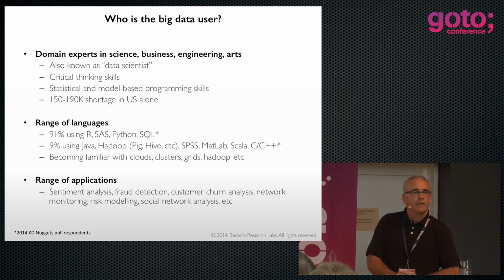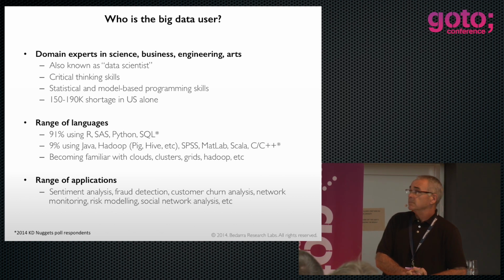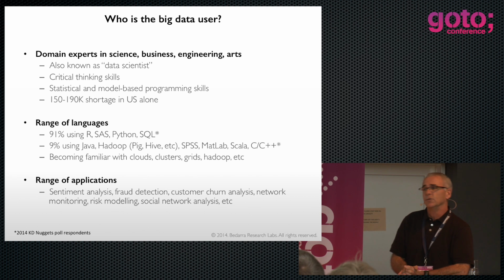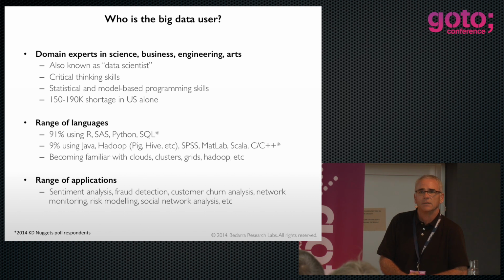But really what they have are critical thinking skills, model-based programming skills, and stats skills. And there's going to be a huge shortage of them. They're predicting 150 to 190,000 vacancies in this job market in the United States alone. So if you're looking for a new career path, looks like it's good.